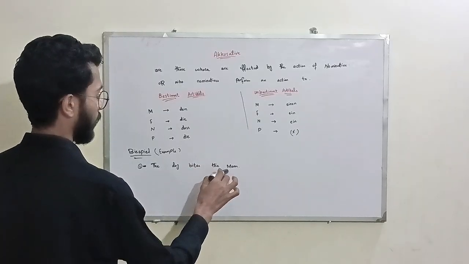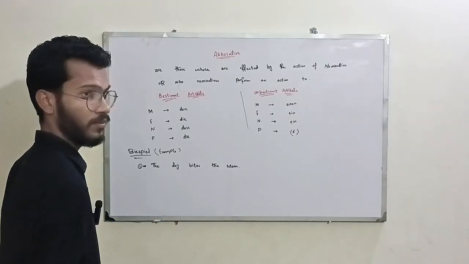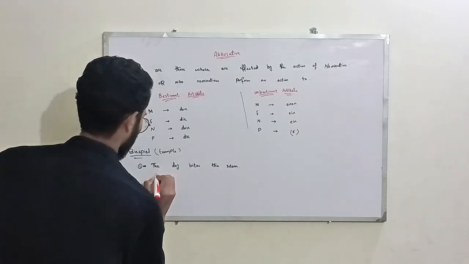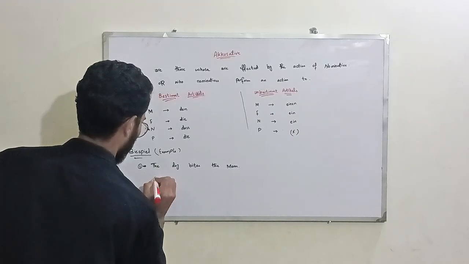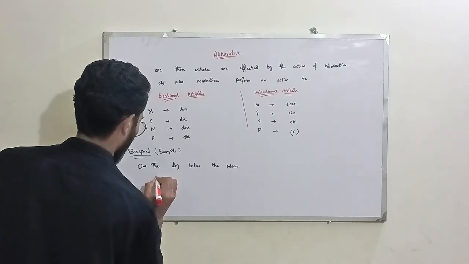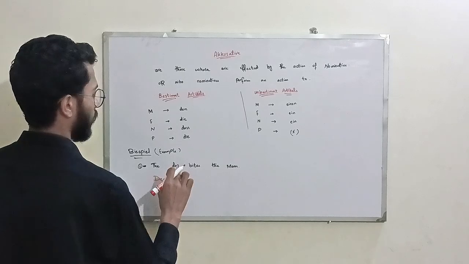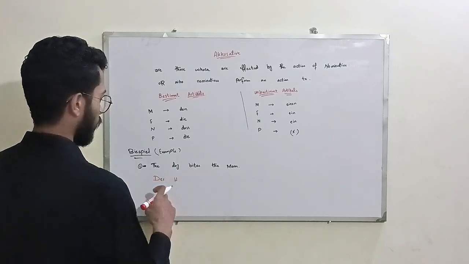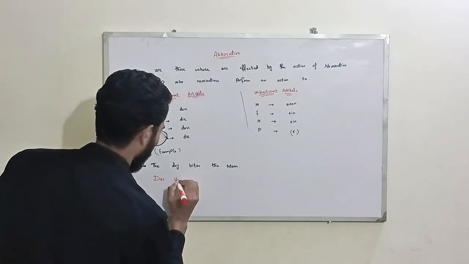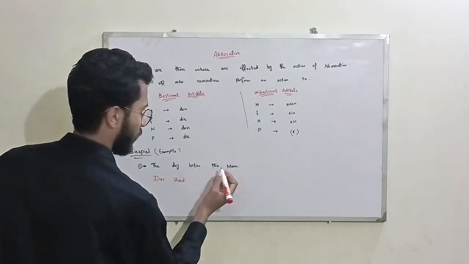The dog bites the man. In German, we say der Hund because dog is masculine. So we use der article. Der Hund bites.